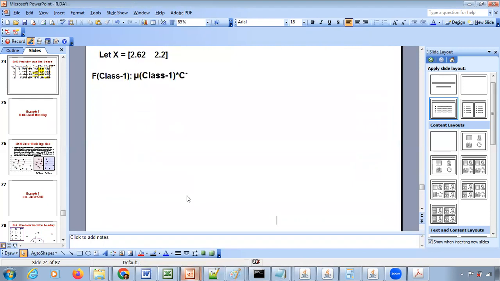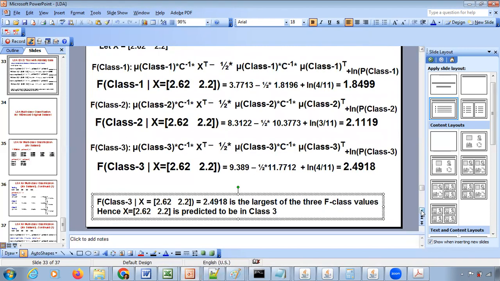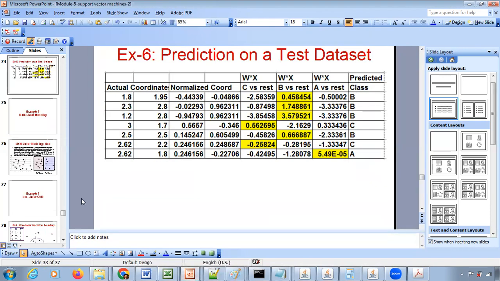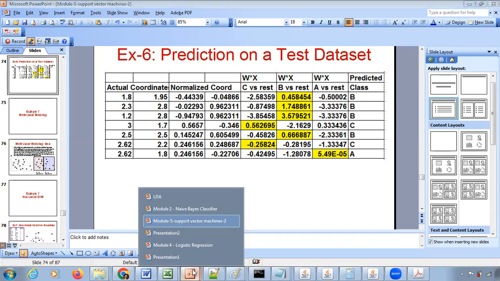It's good to see that this data point is predicted to be in the same class by both classifiers. That's the consistency you would like to have across classifiers. It doesn't matter which classifier you use, you would like the prediction to be the same for which class the data point belongs to. All right, with this, we stop this video and we finish the LDA module.